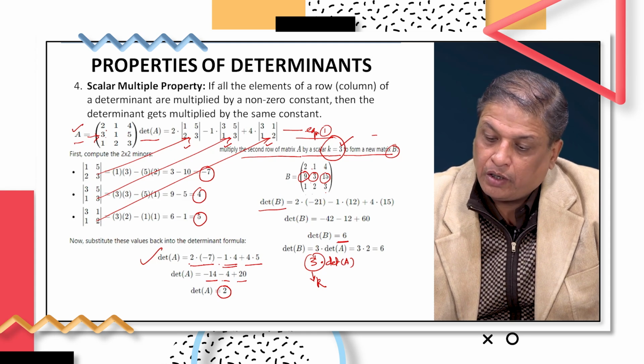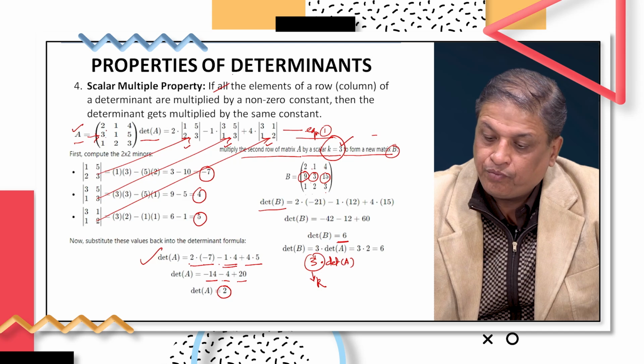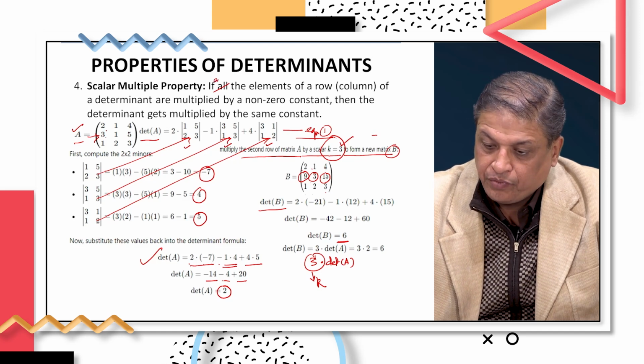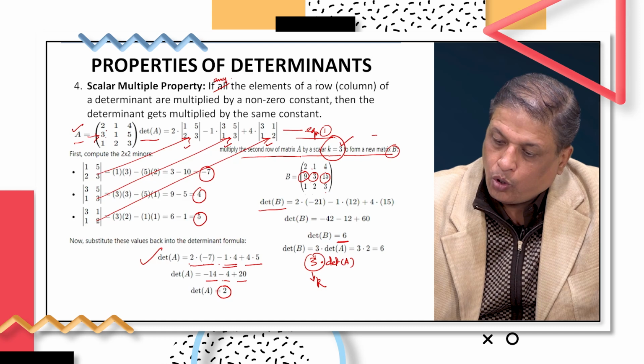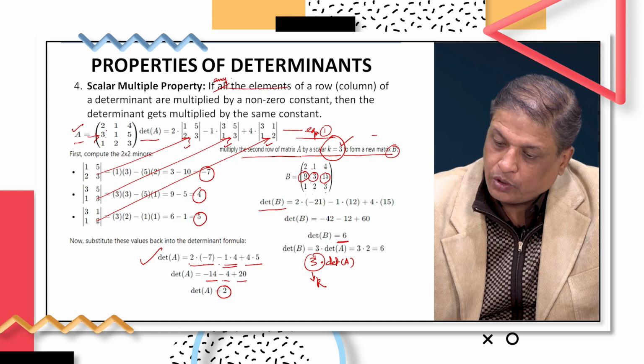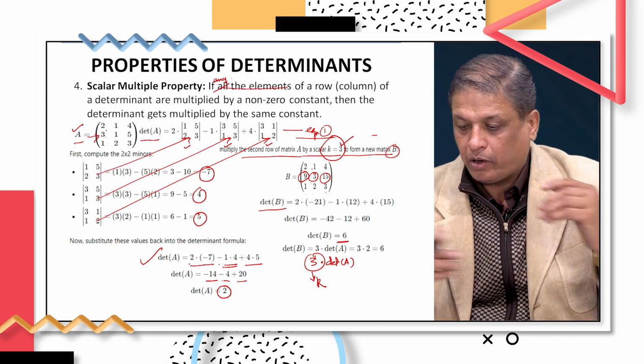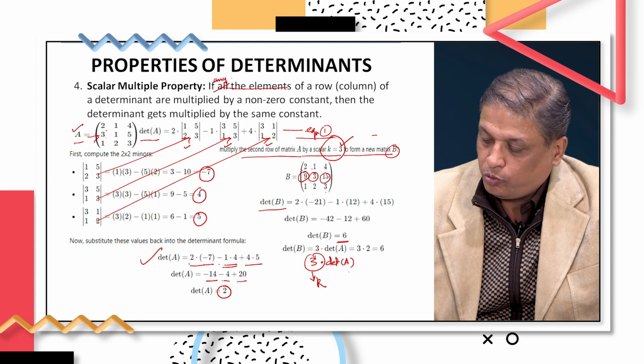Even if not all, if any row or column is multiplied by a constant, the value again turns out to be K times the determinant A.